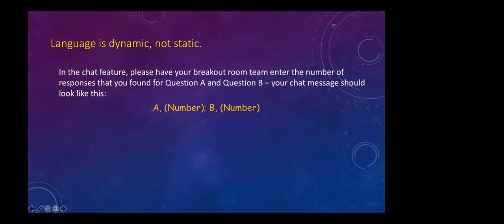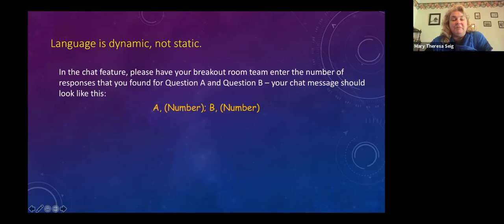And question B was, would you like to go to the movies with me? So just enter A and a number and B and a number, and let's see a little bit about how many responses we found to those questions.